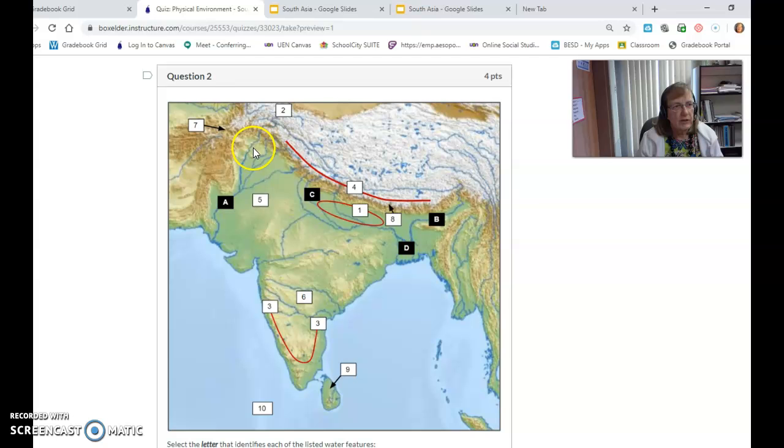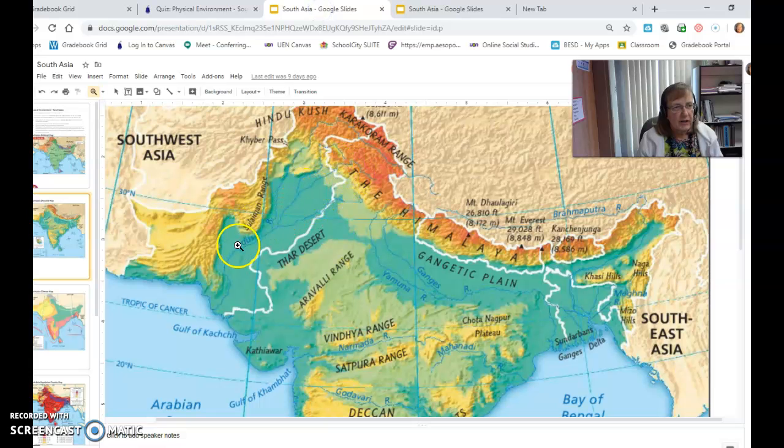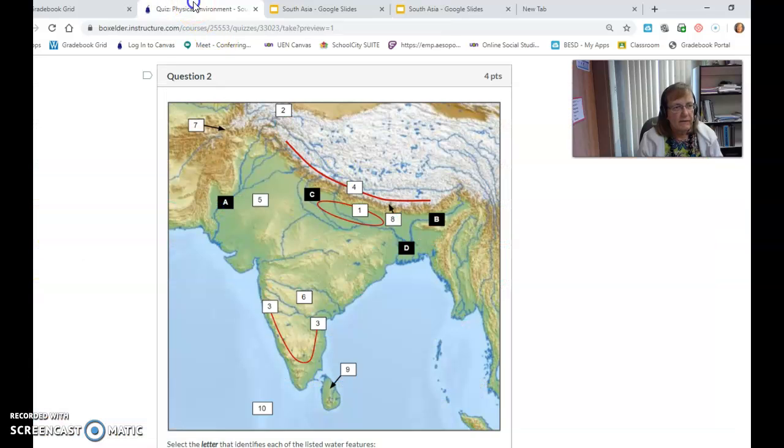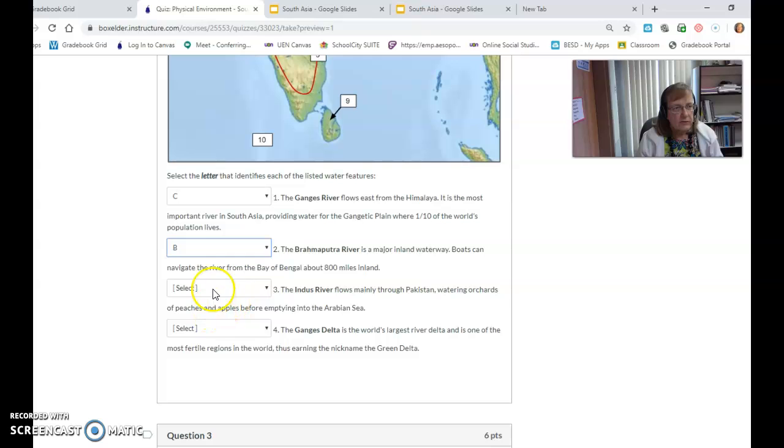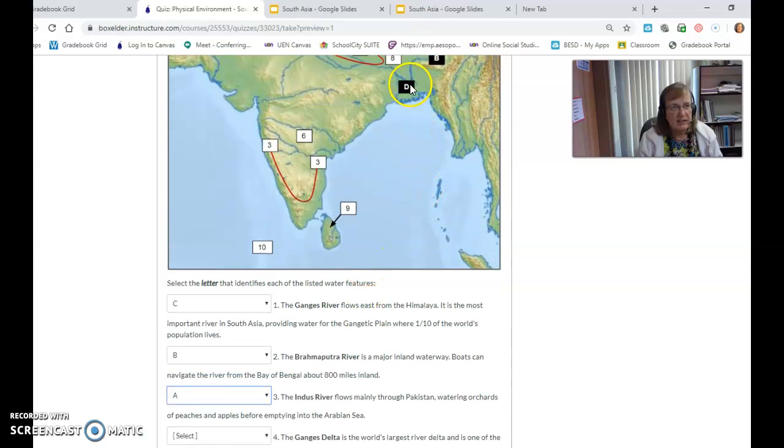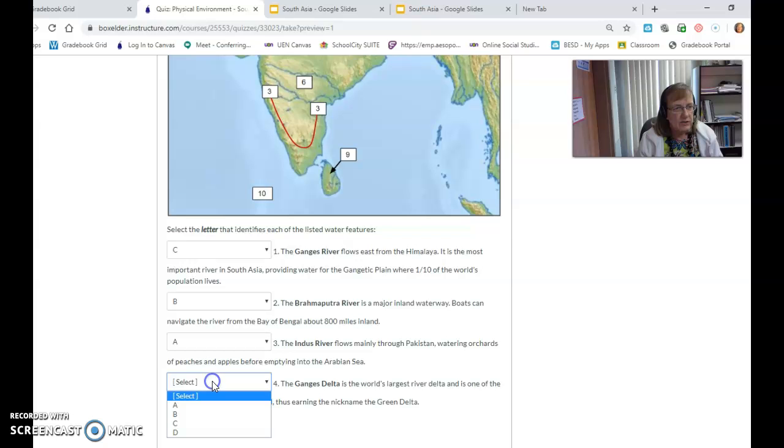So we saw on the physical map that Pakistan is over here, so it's probably A. Let's verify. Yep, we have the Indus River right there. So Indus River is A. The only one left is D, and we're looking for Ganges Delta. We already saw that on the other. Okay, so Ganges Delta is D.